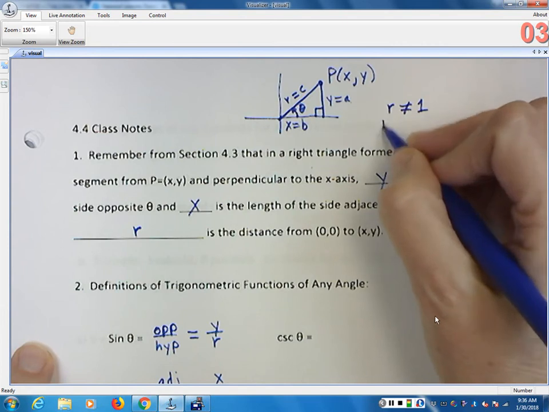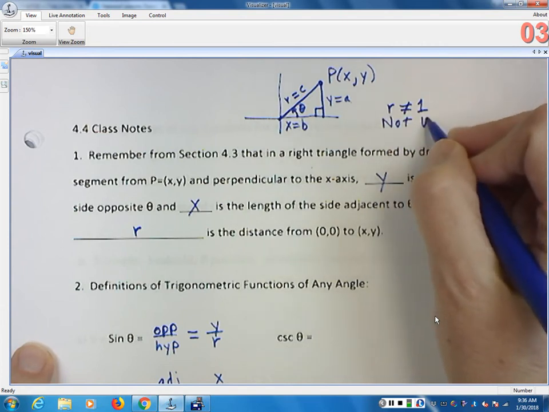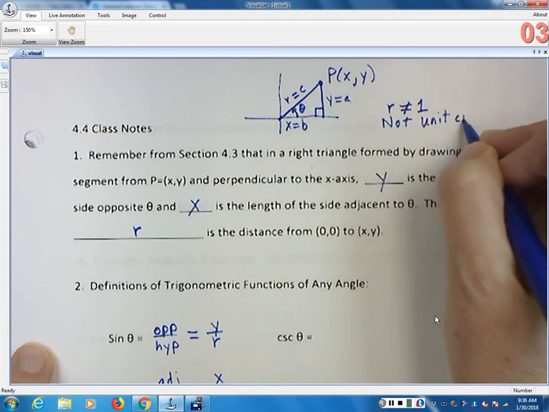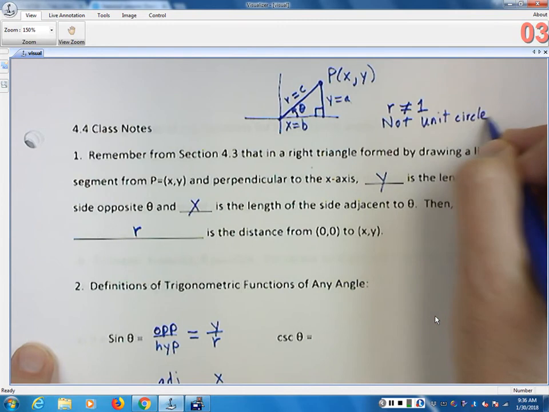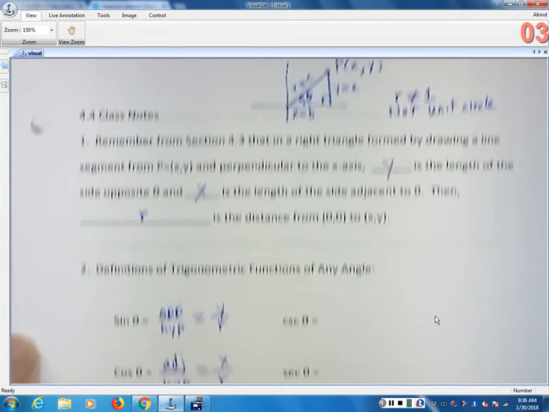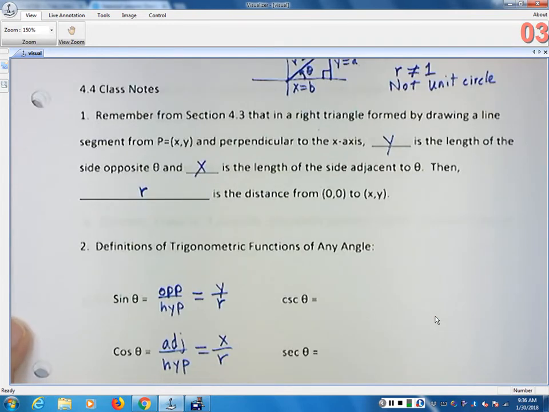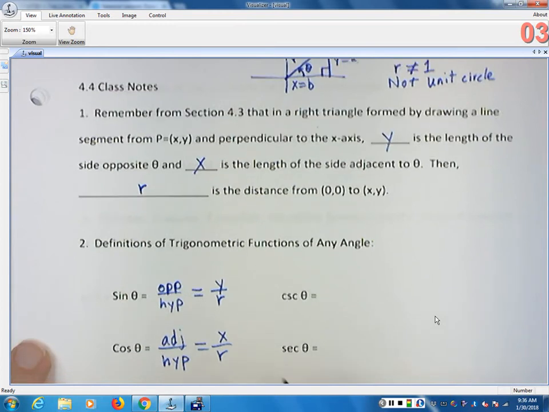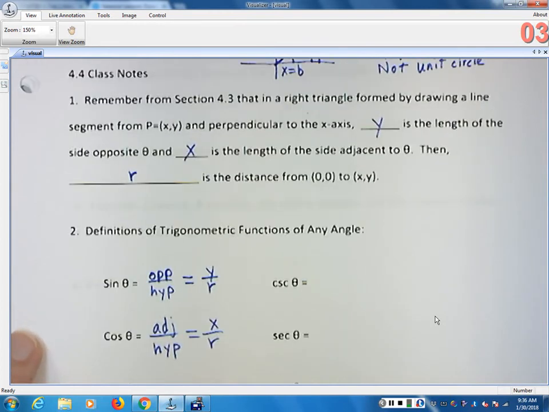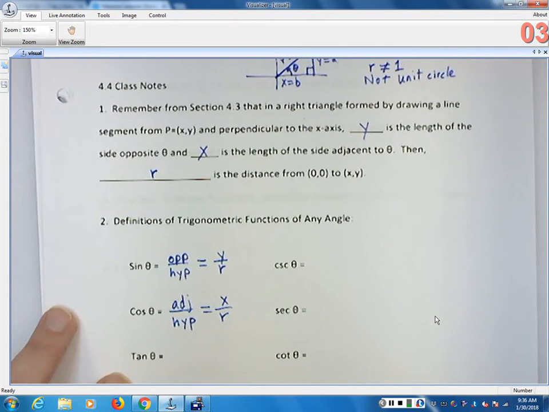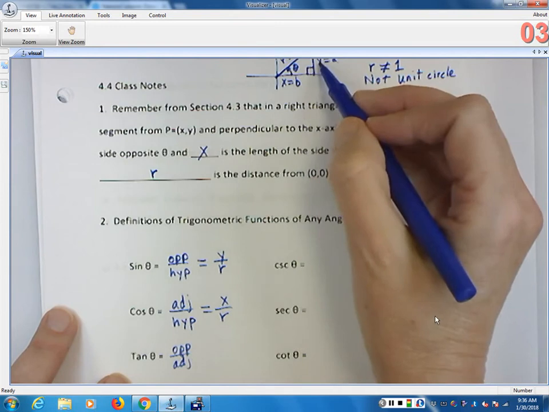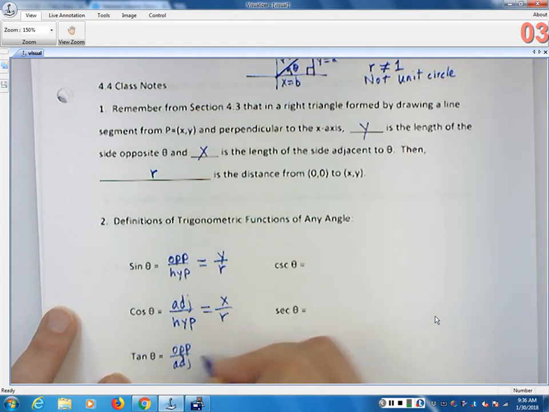It's not the unit circle. Okay? Tangent is going to be opposite over adjacent, and using my y and my x, that's y over x.